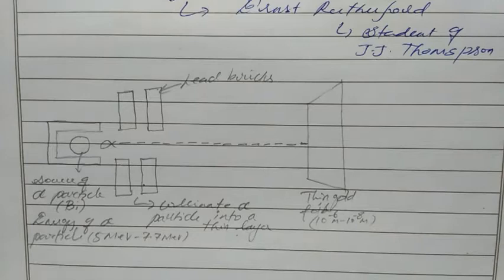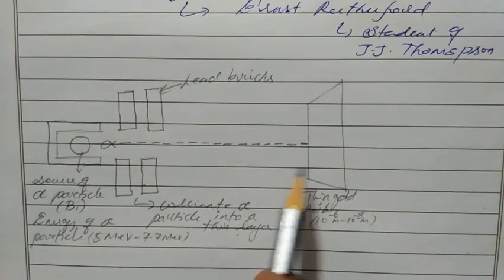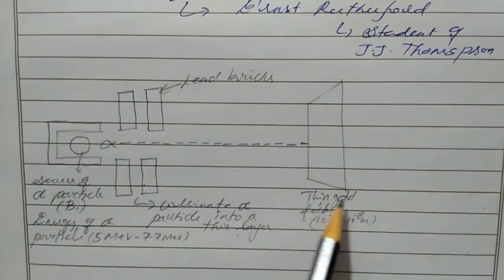So why do we choose a very thin foil? Because our purpose is to hit the alpha particle into the atom of gold. For that we should have a minimum number of atoms. For that we choose thin gold foil. This thin gold foil has only one layer of atoms.